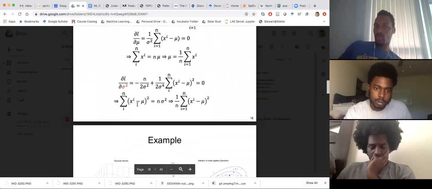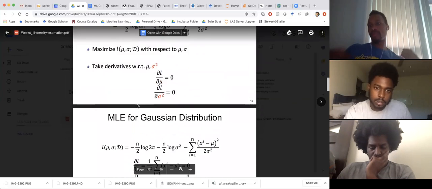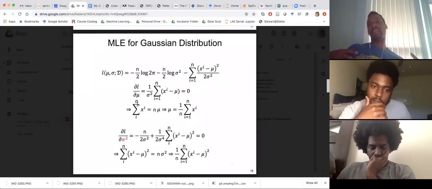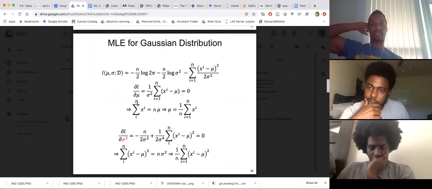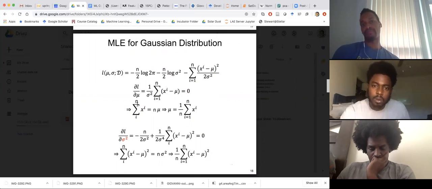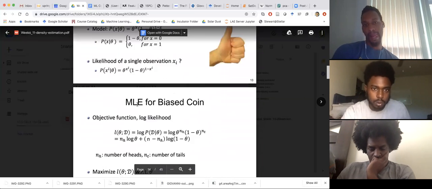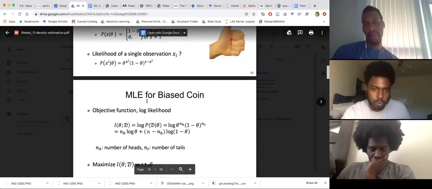So what's happening here is you're given some set of data. You've pulled some data, and now you want to fit a Gaussian distribution to it. And you have these parameters that you need to figure out. The way you figure them out is just use the maximum likelihood estimation, and then you can solve for what they need to be. Right, but as compared to the Bernoulli one, that was really ugly.